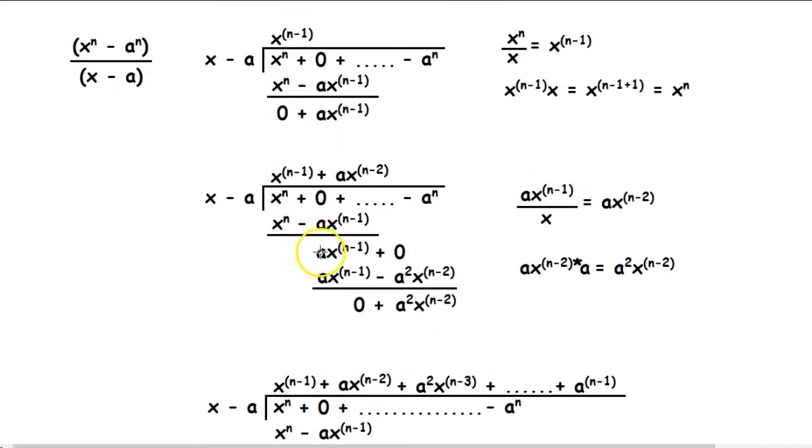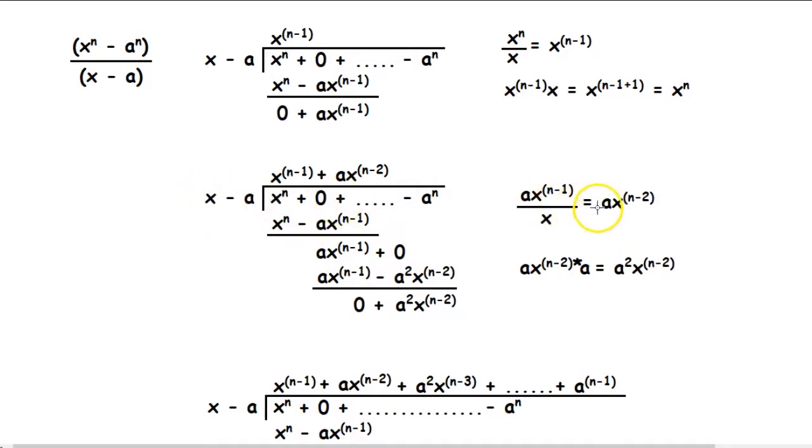So now our second step will be to remove this a x to the power n minus 1. So for that, we need to subtract it by a x to the power n minus 1. So what should the quotient value be here to get this value? So for that, we take this a x to the power n minus 1 and divide it by this x value.